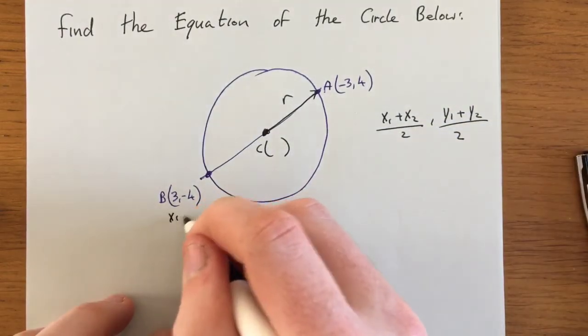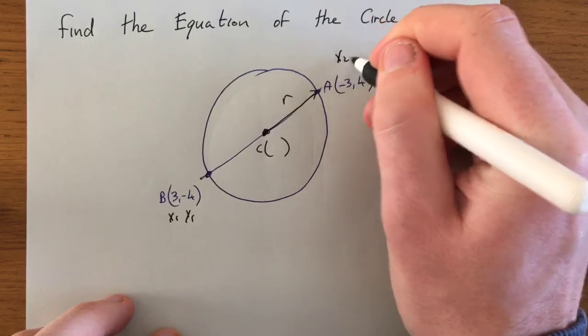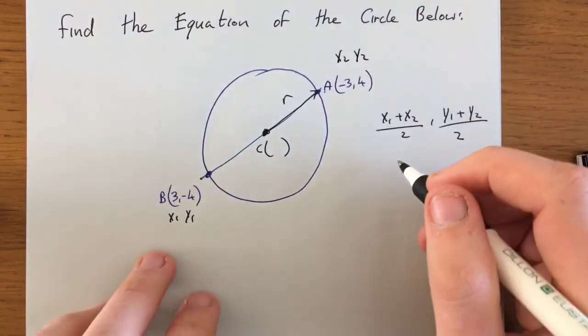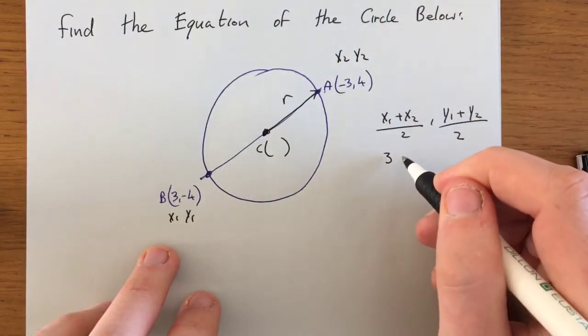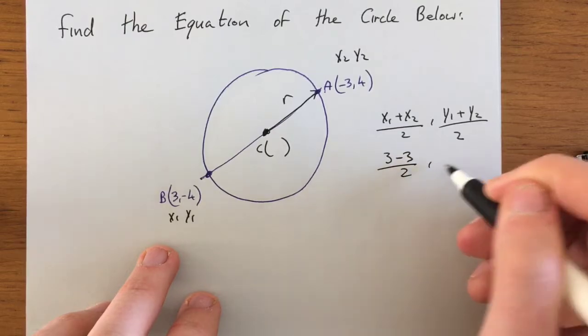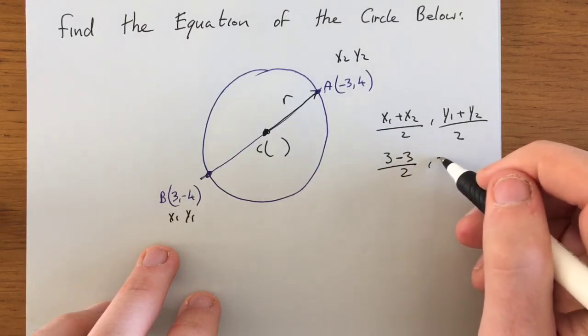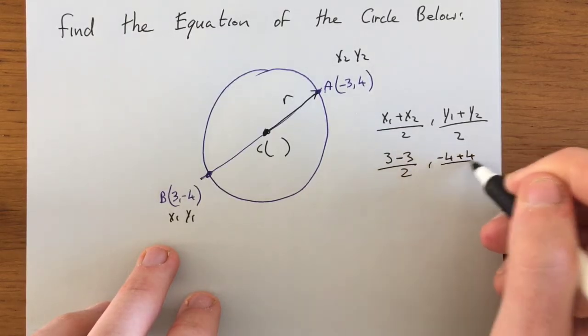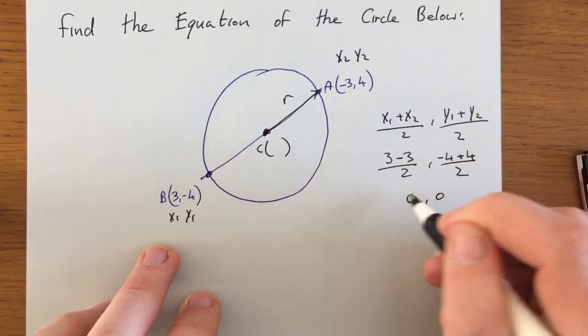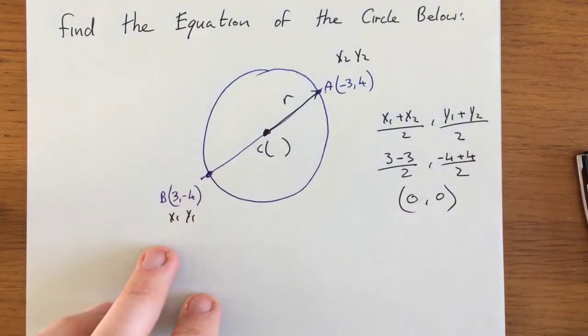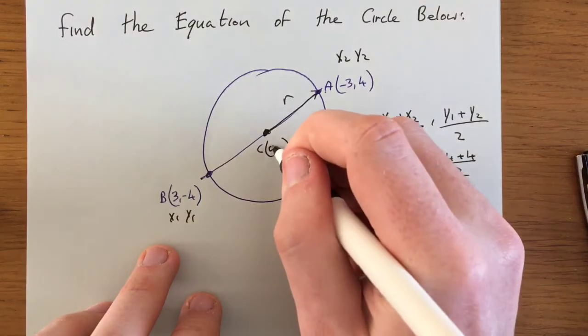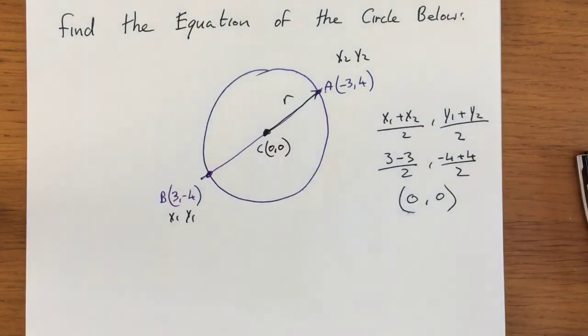You would label your points x1, y1, x2, y2, and fill them in. So you'll get (3 minus 3) all over 2, and then (minus 4 plus 4) all over 2. And you see there we get a midpoint of (0, 0). So that means our center is at (0, 0).